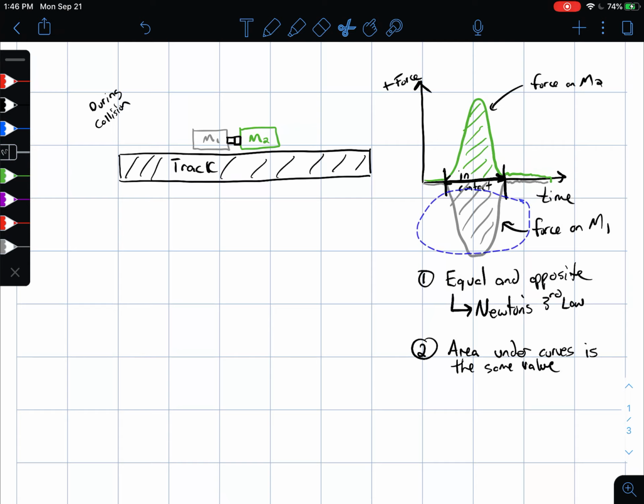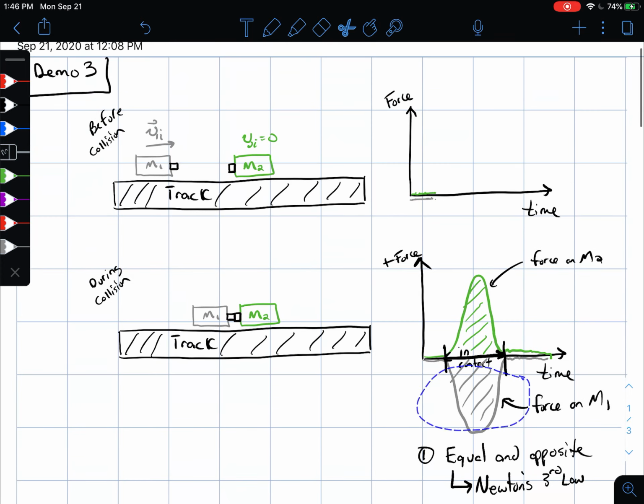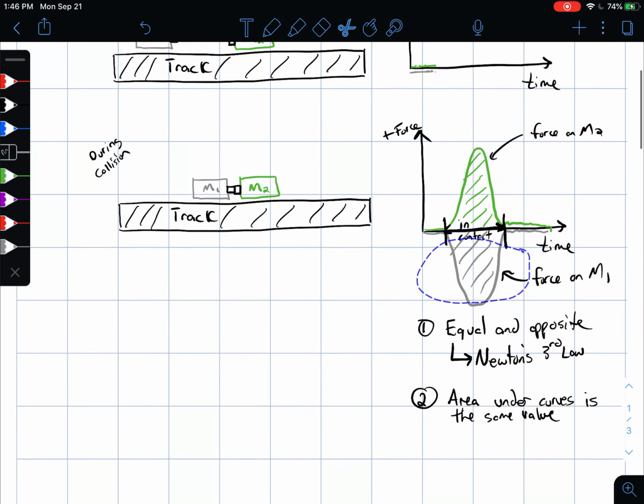All right. M1 and M2 have the same mass. And if you noticed from demo number 2, not demo number 3, but demo number 2, when we talked about momentum conservation, what we saw was that the initial momentum from one cart was completely transferred to another cart.